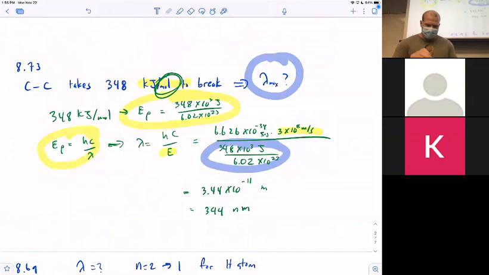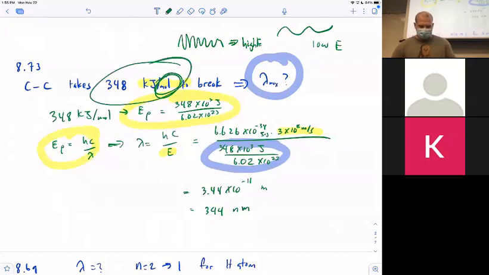Remember, when you have a shorter wavelength, this means high energy, and a longer wavelength is low energy. To break the bond, if you put in more energy, so a shorter wavelength, for example a 340 nanometer photon, it'll break the bond.